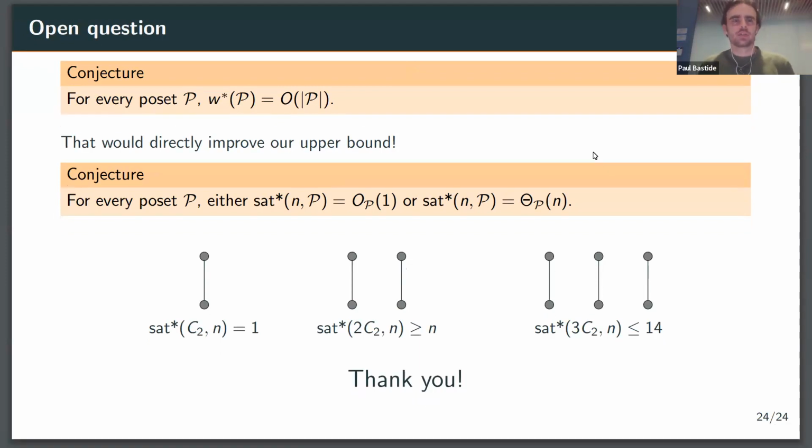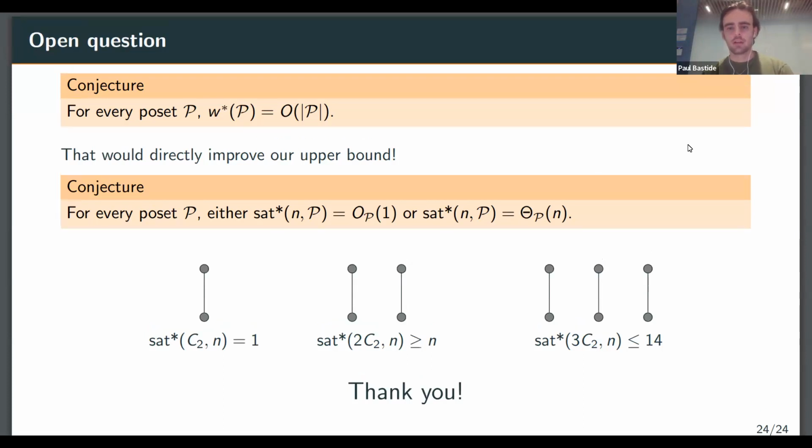No, it's not known. And there is also the more computer-sciency question of, is it decidable, or what's the complexity of deciding if it's constant or if it's linear or more or something. So it's widely open, and I think there is a lot of things to do before reaching a complete characterization for this kind of thing.